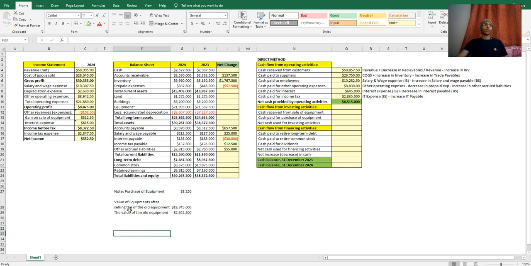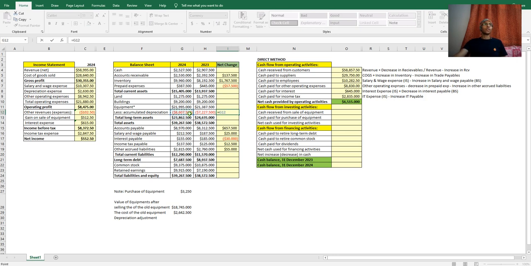Now we have the value of the old equipment, or the cost of the old equipment, right, which was sold. Cost of the old equipment. Now what you can do is you can ascertain the depreciation adjustment to it. Depreciation adjustment. This is equal to change in the accumulated depreciation, which is basically, let us first find this.